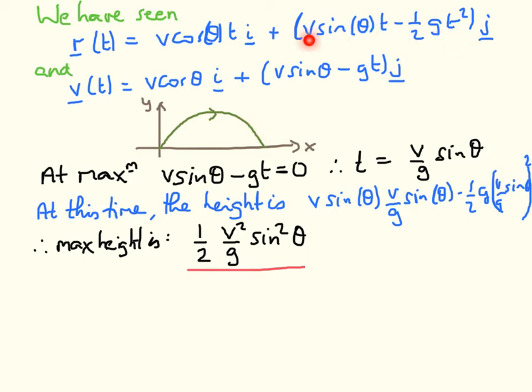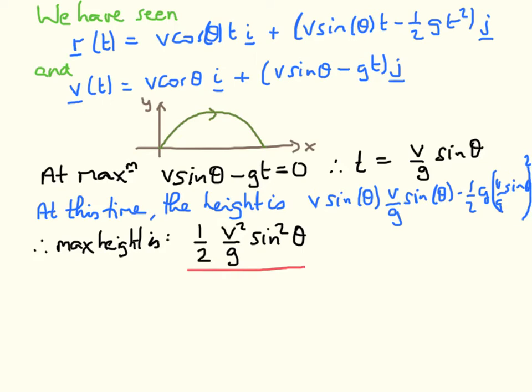So we want this to be 0. So the height of the particle is 0, is the time that tells us what the range is going to be. So we solve this for the time, substitute it back into here, and that gives us the distance at which it hits the ground.